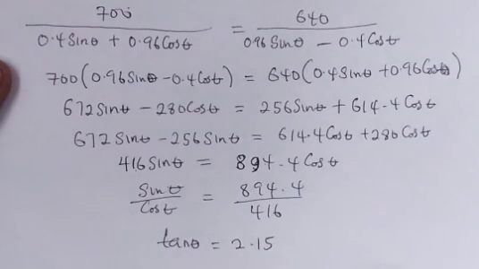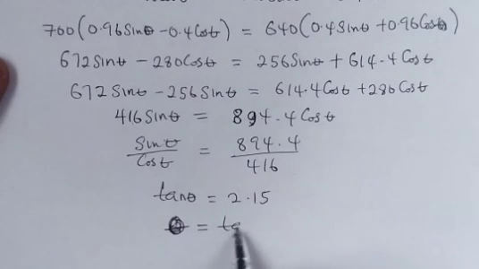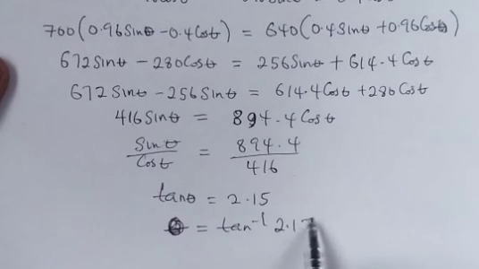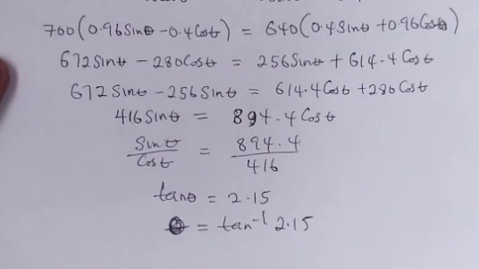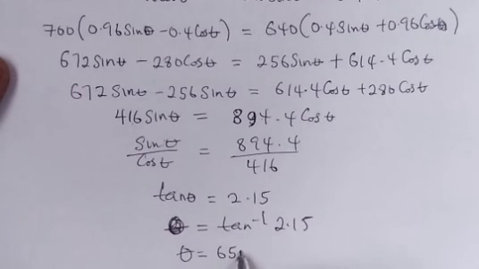Tan theta. So from here we can say that theta is equals to tan inverse 2.15. So if you do that, we're having 65.06. So theta will give us 65.06 degree. That will be the value of theta.